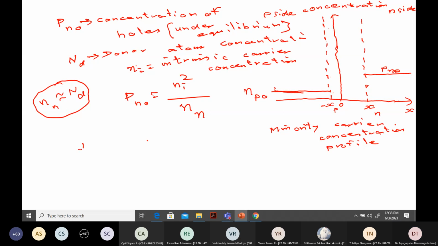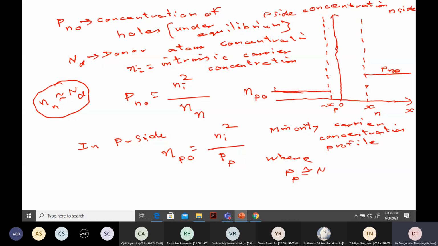On the P side we have n_p0 equal to, in a similar fashion, ni square by p_p, where p_p is the majority carrier concentration of holes on the P side. p_p is nearly equal to the acceptor concentration. Okay, so this is how it is.